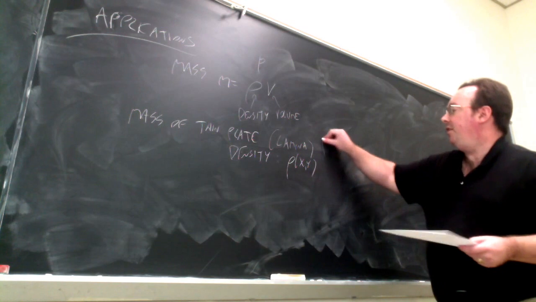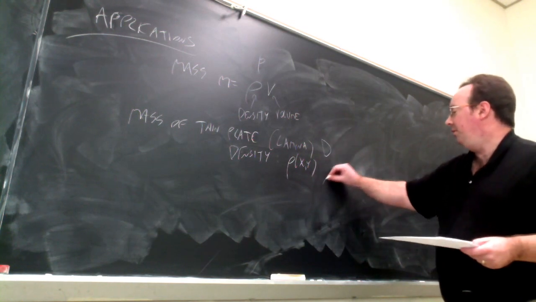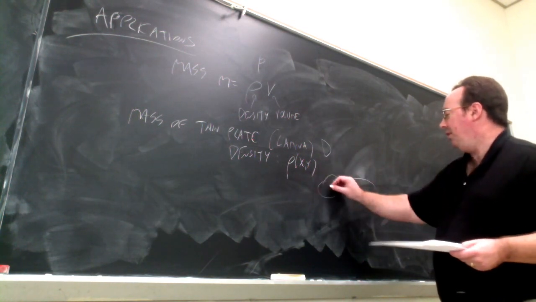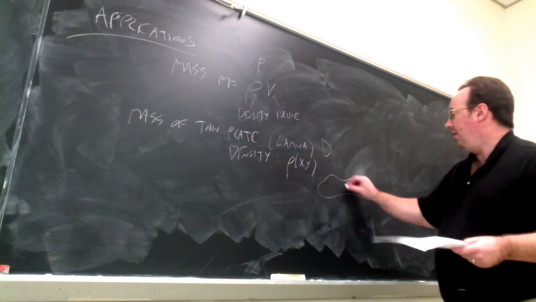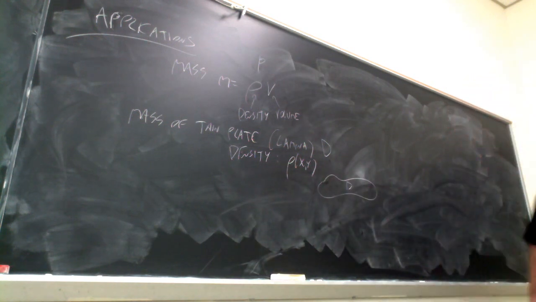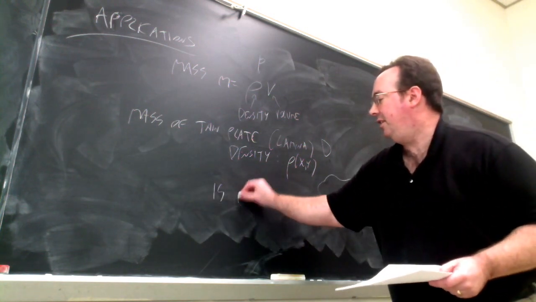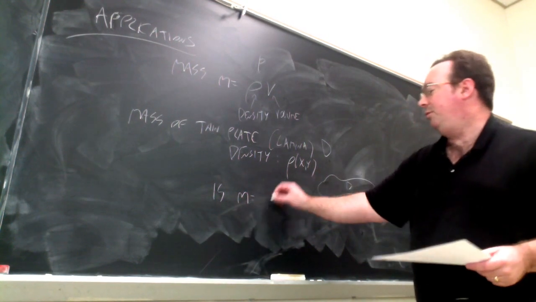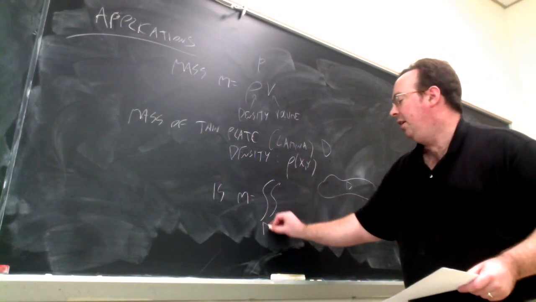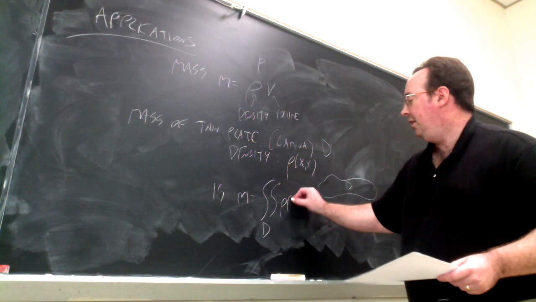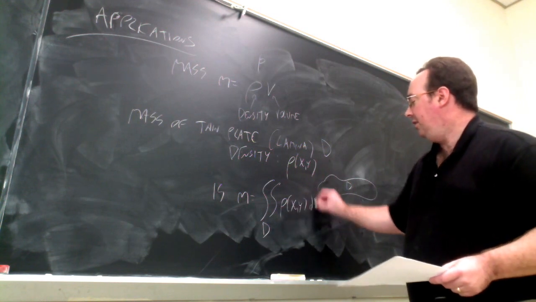And if I use D to refer to my generic blob here, this thin plate that has whatever shape, then the mass is given by, I'll use little m to refer to the mass, just a double integral over D of the density.